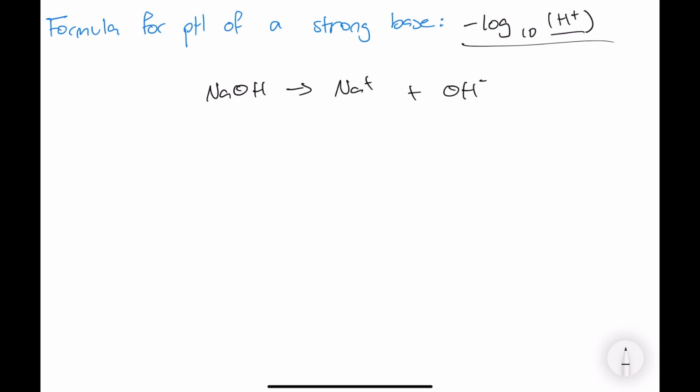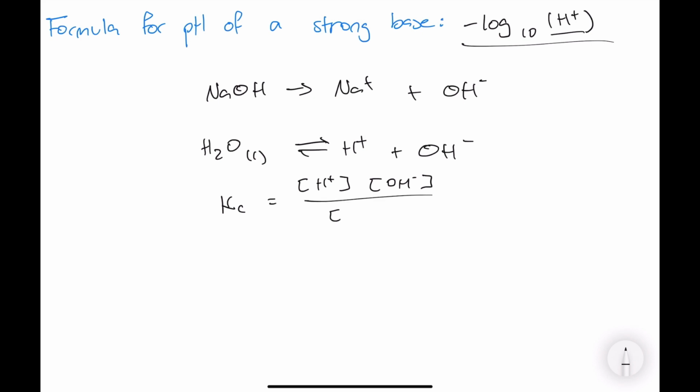So what we have to recognize is that water is actually very slightly ionized, which means that sometimes it will partially dissociate to its H plus and OH minus ions. Then we can write the equilibrium constant for this. So if you remember, Kc is the concentration of the products over the concentration of the reactants.